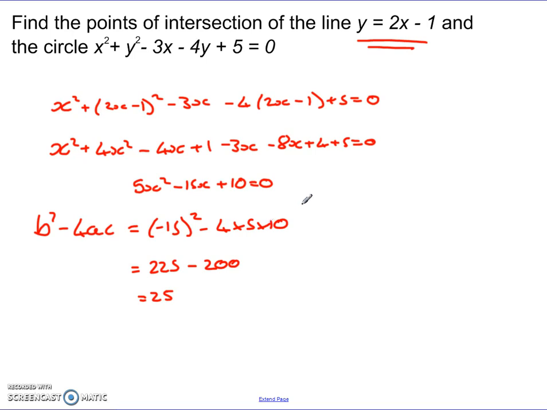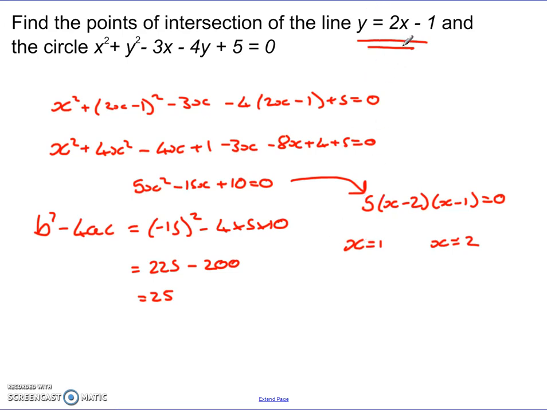Now I have to calculate them. So to do that, factorize the equation. So 5 bracket x minus 2, x minus 1. That's what you get when you factorize it, and that equals 0. Using this, I get two possible answers, x equals 1 or x equals 2. Then substitute them back into here and I get the y part of the coordinate.